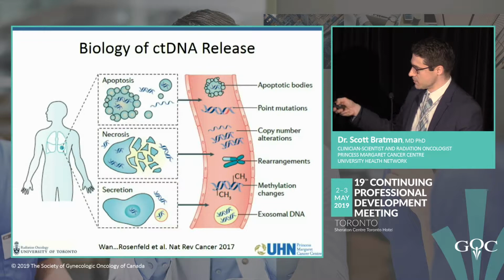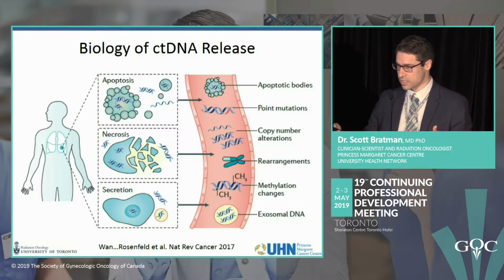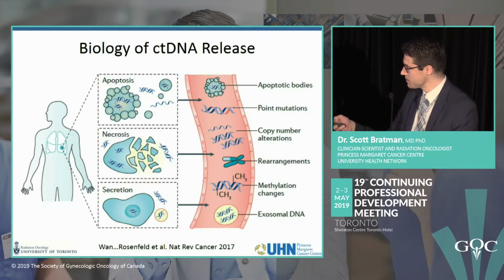The biology of ctDNA release is thought to be related to dead and dying cells, primarily through apoptosis, also necrosis. There's some controversy about whether even active secretion of DNA from cells is contributing.